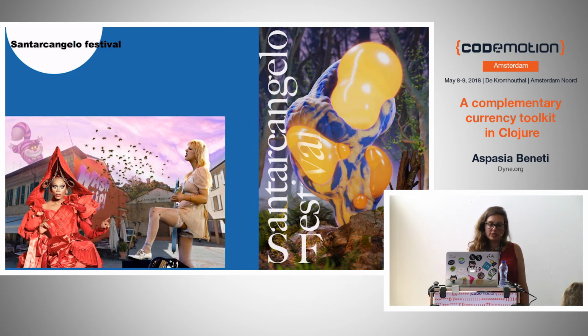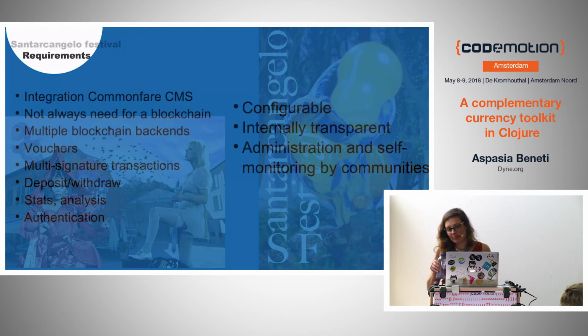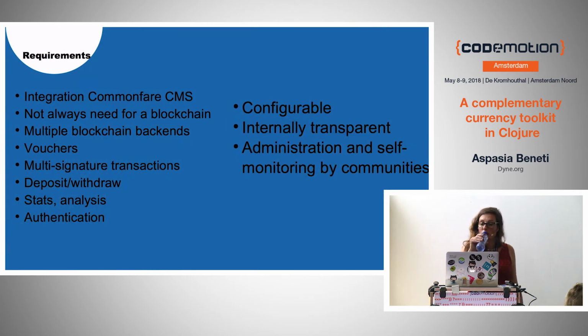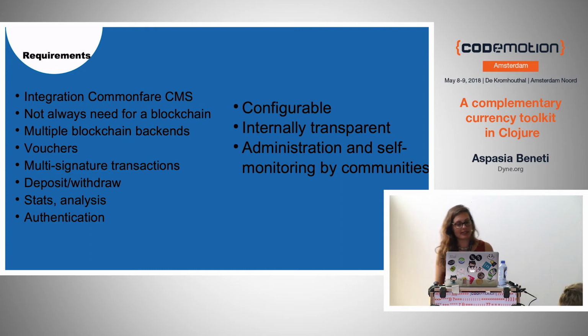Having all these different requirements, I made a list of them, let's say the most basic ones. One of the obvious requirements is integrating with a platform, and not only the Common Fair platform, but other platforms. Those platforms typically have their own authentication and user system, so we just need to provide them a wallet.